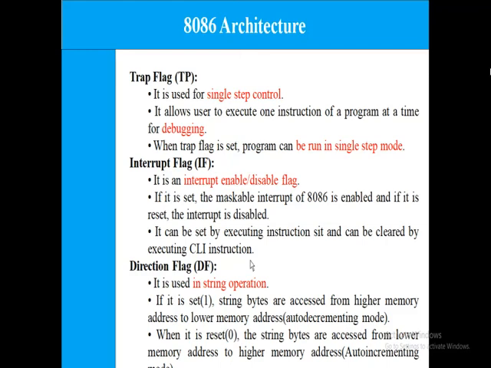The next one is the interrupt flag. If the interrupt flag is set, maskable interrupts are recognized by the CPU; otherwise they are ignored. So if it is set, the maskable interrupt of 8086 is enabled, and if it is reset, it is disabled. Maskable interrupt means it can be masked, or hidden, by the processor.